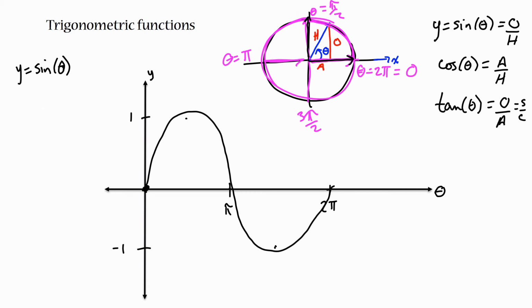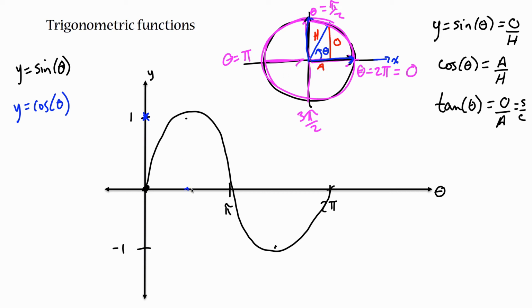And cosine looks almost exactly the same, just shifted a bit. If we go back over here and assume at theta is equal to 0, this time adjacent is 1 and hypotenuse is 1, so cosine starts up here at 1. At pi over 2, the adjacent is 0.